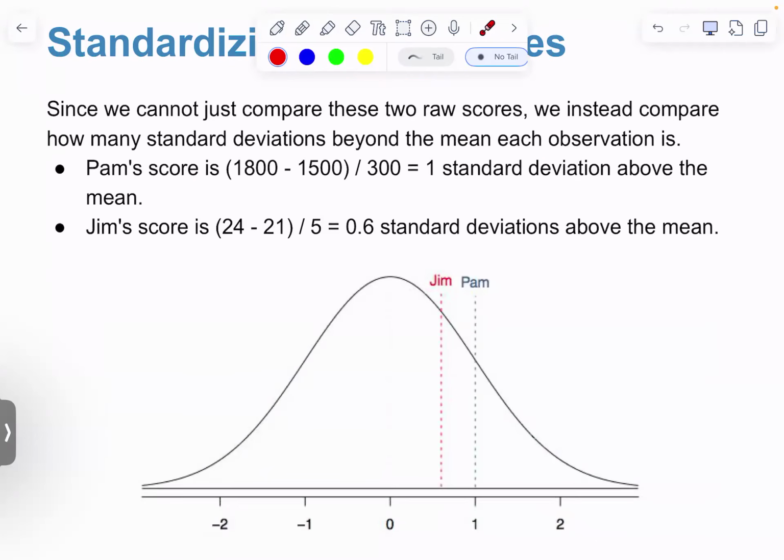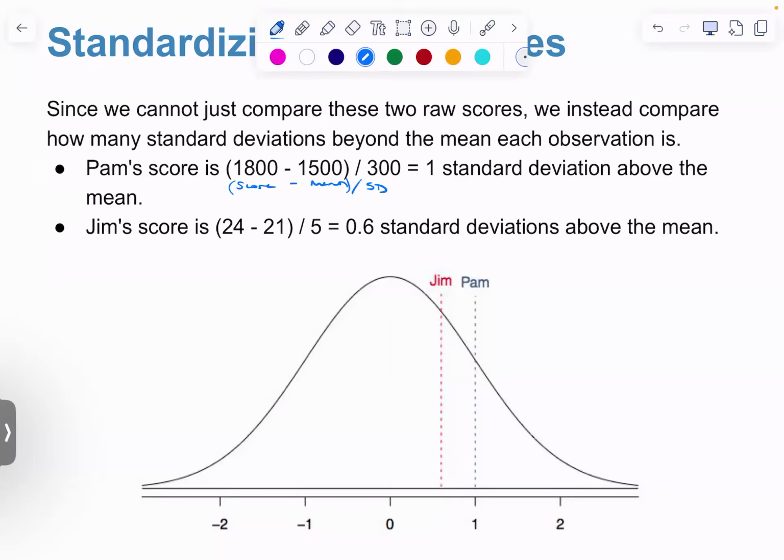Pam's score of 1800 is how far from the mean? If you subtract the mean, the reason we do the score minus the mean is because then I get a positive value if it's above, and a negative value if it's below. So that tells me where this score is. Here, this is her score minus the mean, and then divided by the standard deviation.